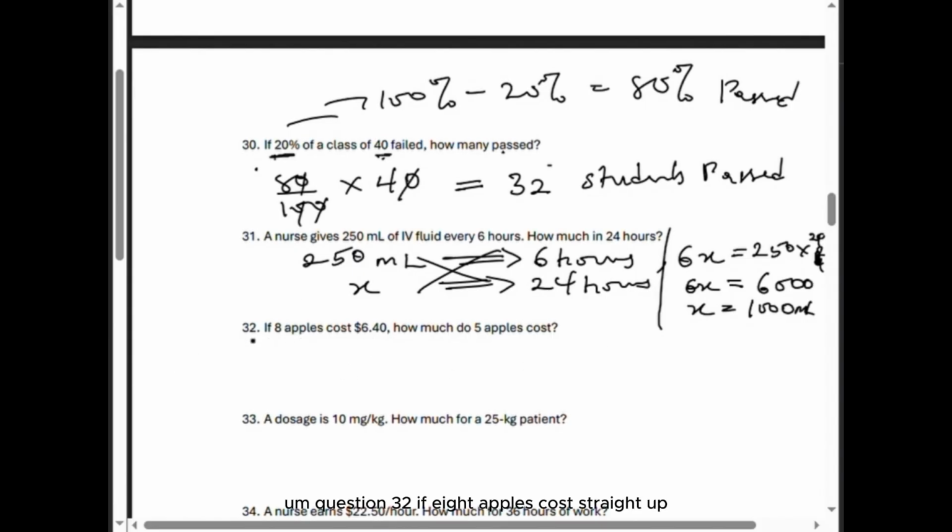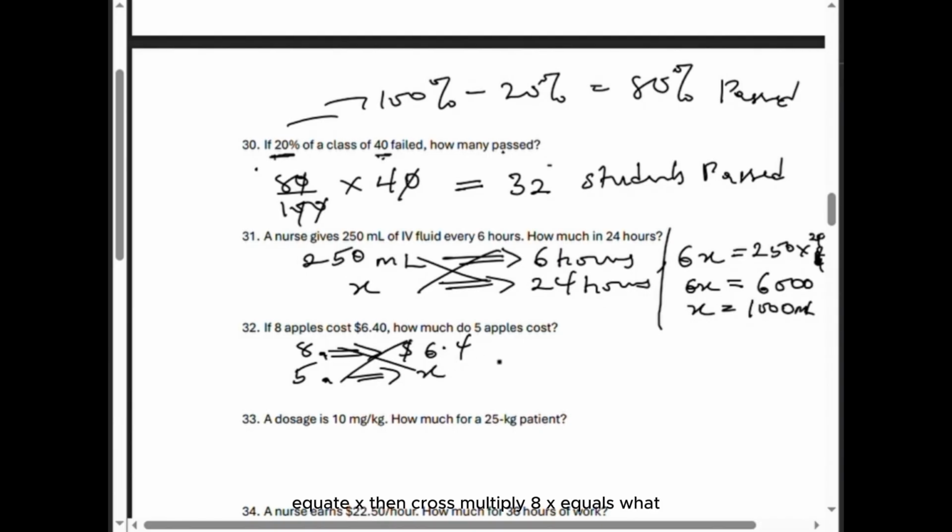Question 32. If 8 apples cost 6.4, straight up, you don't need to waste time. 8 equates to 6.4. Then 5 apples equates to x.